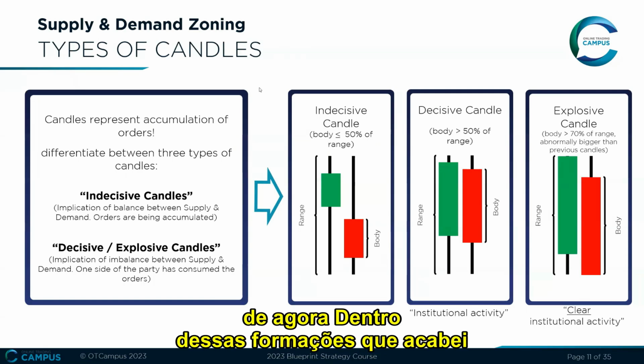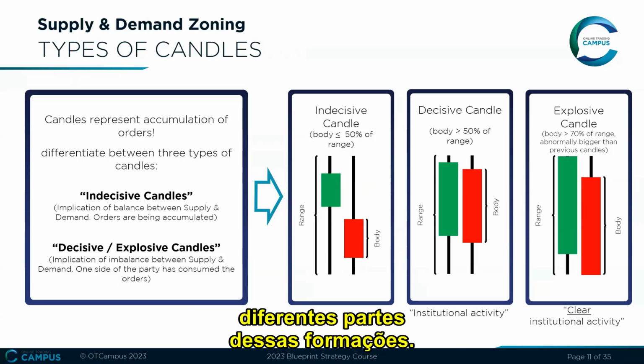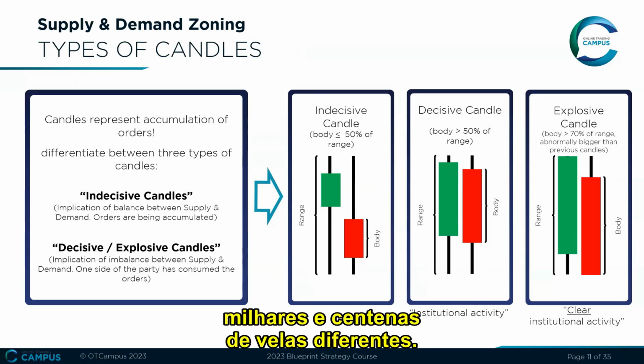Within those formations that I just showed you, there are going to be different candles that make up those different parts of those formations. And as I've shown you in a previous lesson, there are hundreds of different candles.